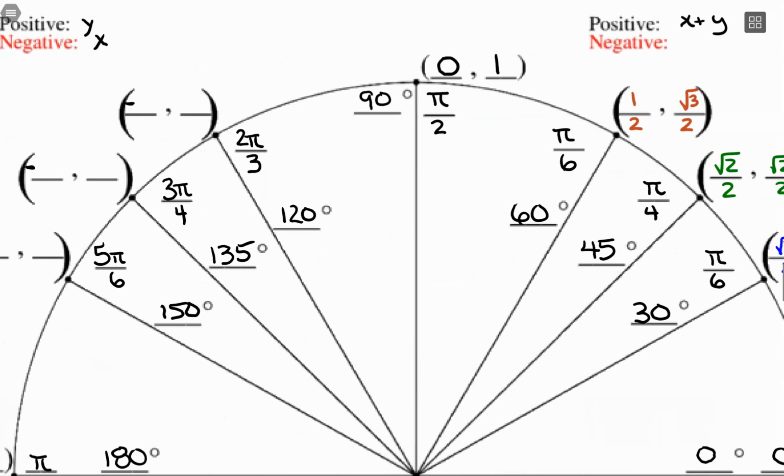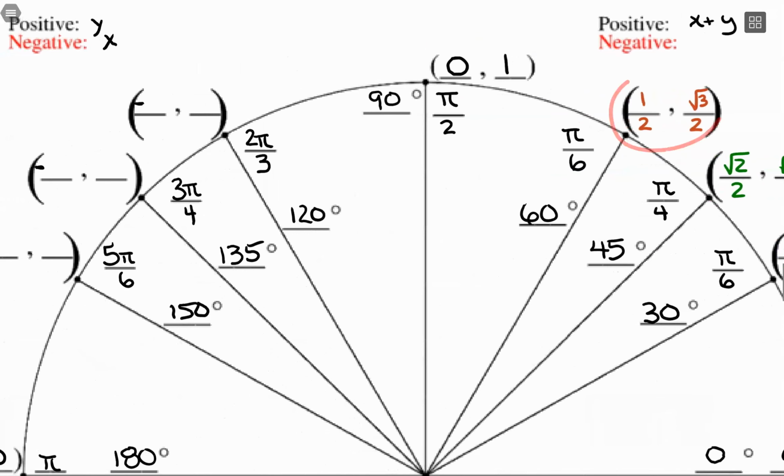So let's look at how this coordinate of 1/2 and √3/2 moves around. How it moves is a reflection over the y-axis to 2π/3. So what that's going to do is y is going to stay positive, y is exactly the same, but x has changed from positive to negative.